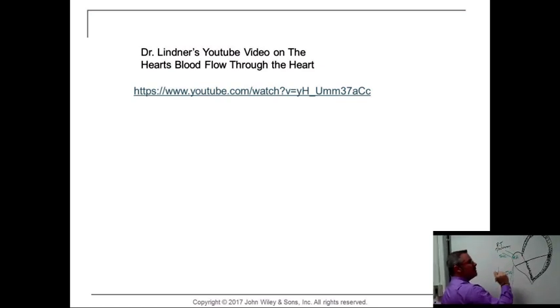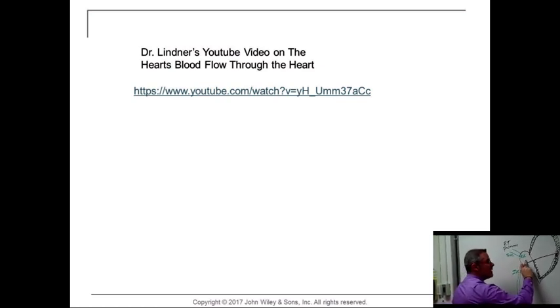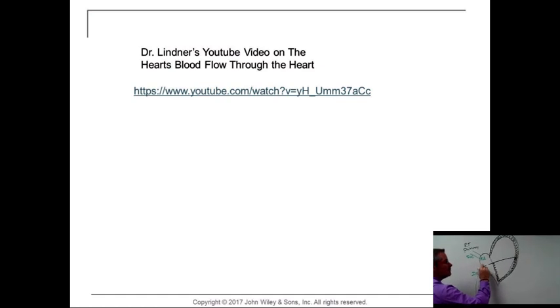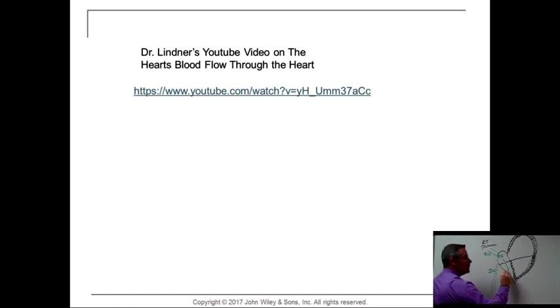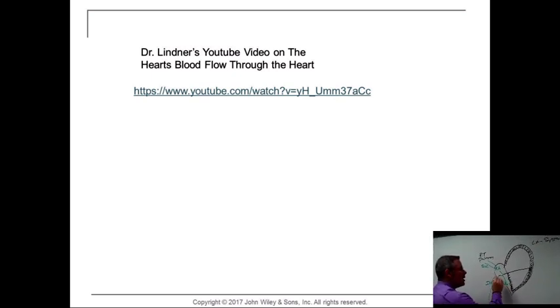The pressure builds up in that right atrium, and this valve is going to open up to allow blood to flow into your right ventricle. So from the right atrium blood flows into the right ventricle by flowing through this valve.